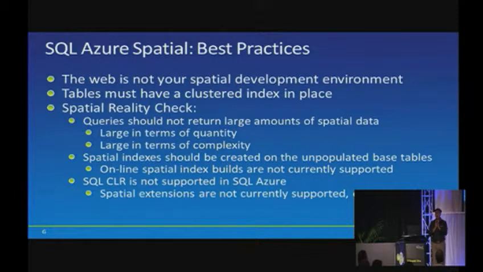That means that we run the risk, if we create an index, of timing out. And on the web, there are strong timeouts. This is to guarantee that in a multi-tenancy environment, any one tenant doesn't overstay their welcome, as we could say. So you could consume more resources trying to build a large index on a very complex data set than SQL Azure will allow you to do.